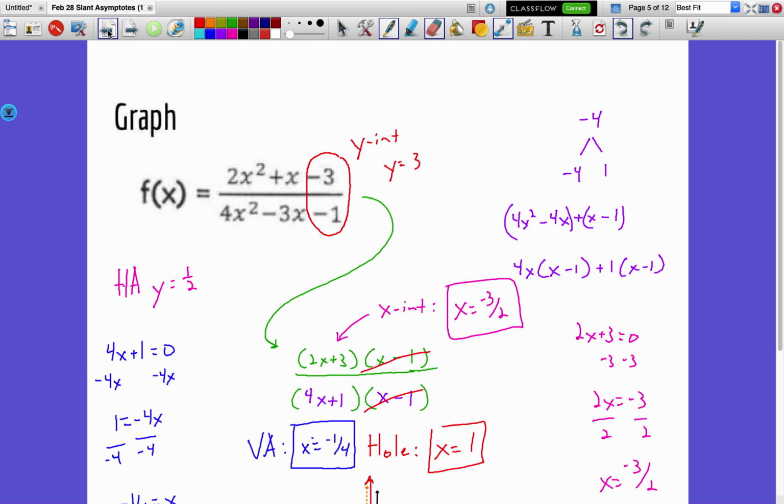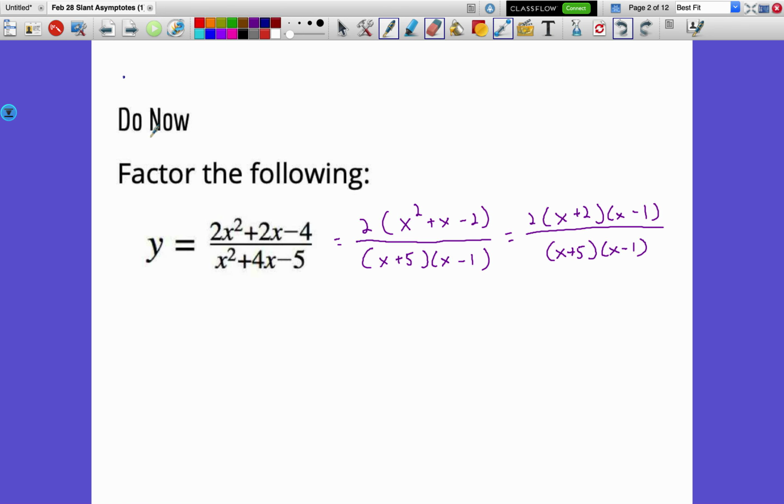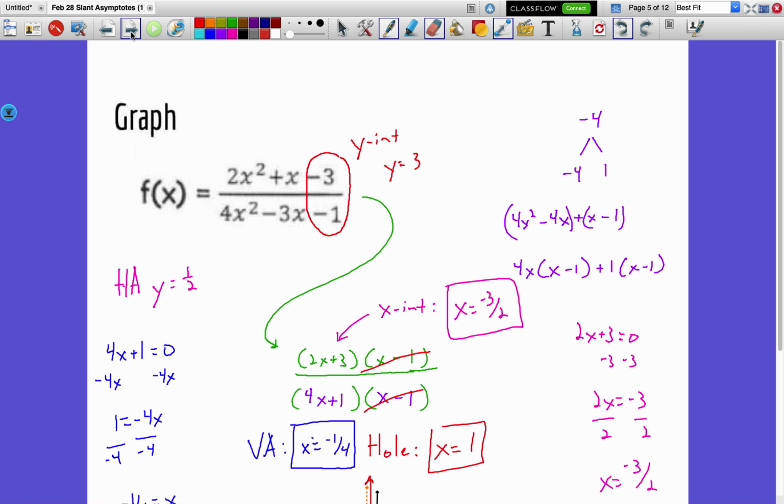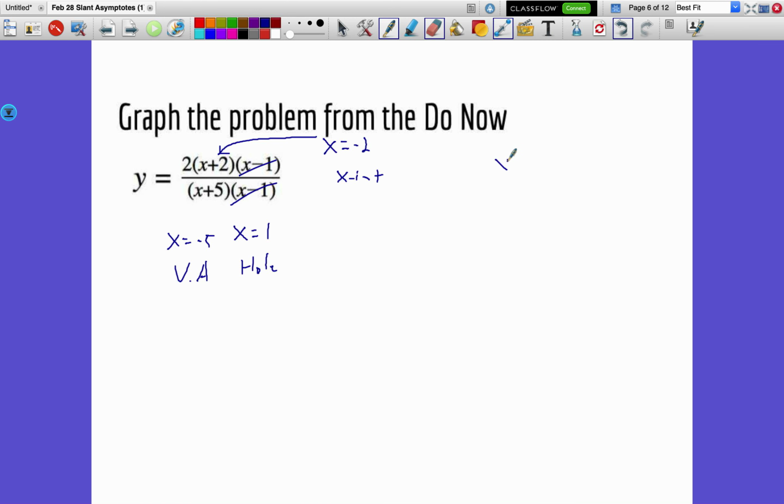If we go back to the original unfactored form, we can see our y-intercept will be at 4/5, and our horizontal asymptote will be at 2/1, or just 2. So 4/5, 2/1, and horizontal asymptote at y equals 2.